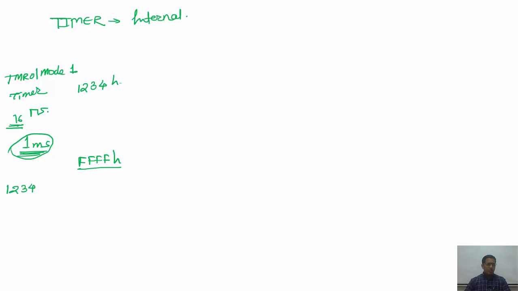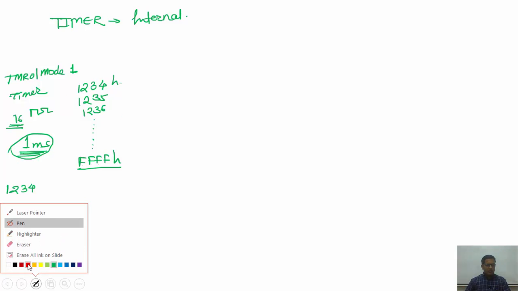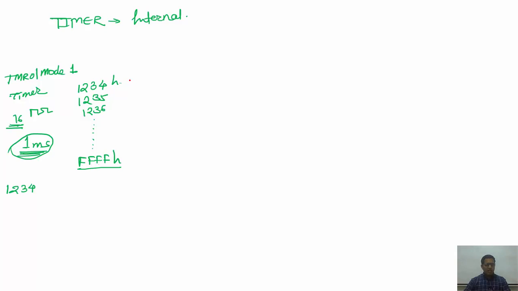Depending upon the reception of clock pulses, this count value goes on incrementing by 1: 1235, 1236, up to FFFFH, the maximum value. Whatever time or number of clock cycles are required to start from 1234 and reach FFFFH is nothing but your 1 millisecond time.